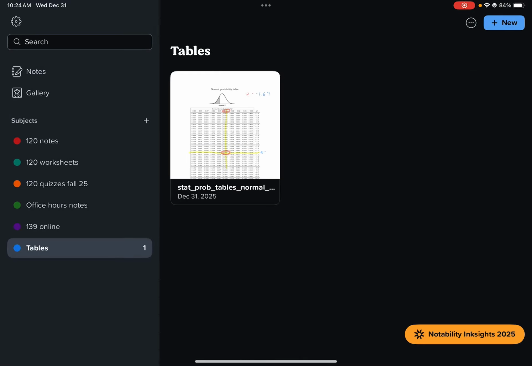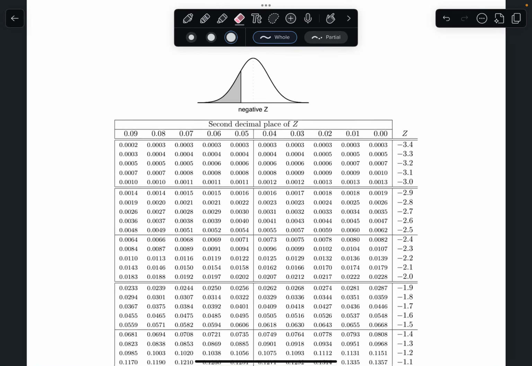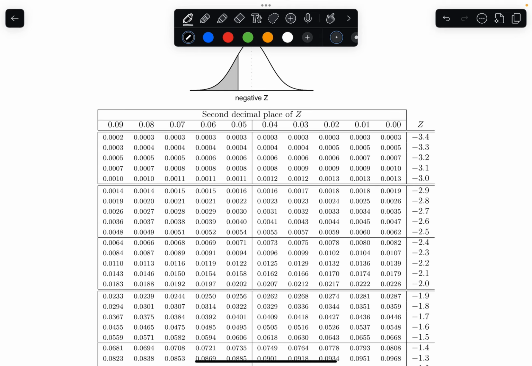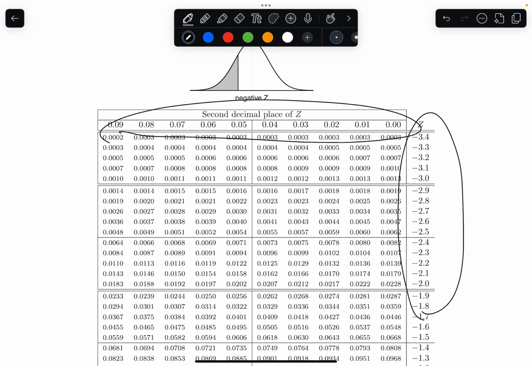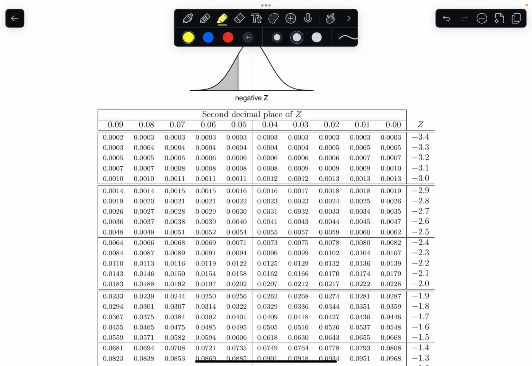So if I hop over to my z-tables, the thing that makes these problems, I think, a little bit trickier is we're so used to looking at a z-score over here and up here, and then we're finding this area in the middle. We're not doing that this time. We're actually going to start with all of these numbers in the middle, and we're going to work backwards to find our z-score going across.